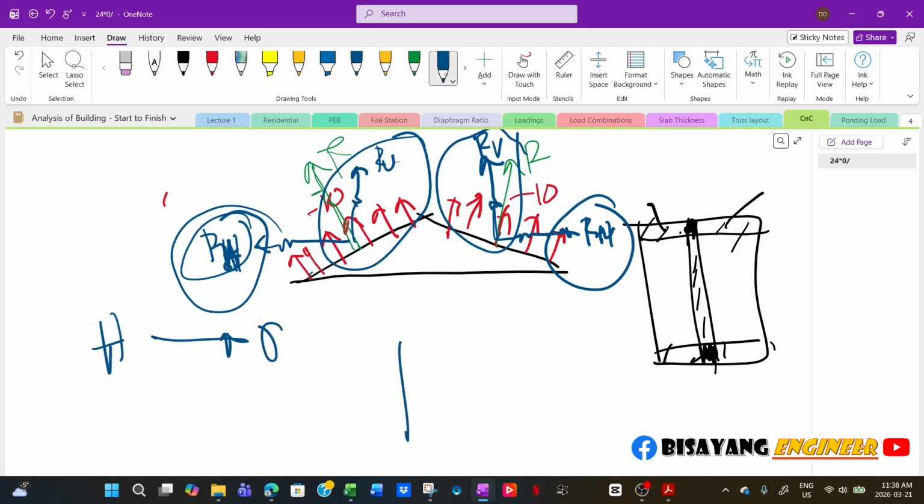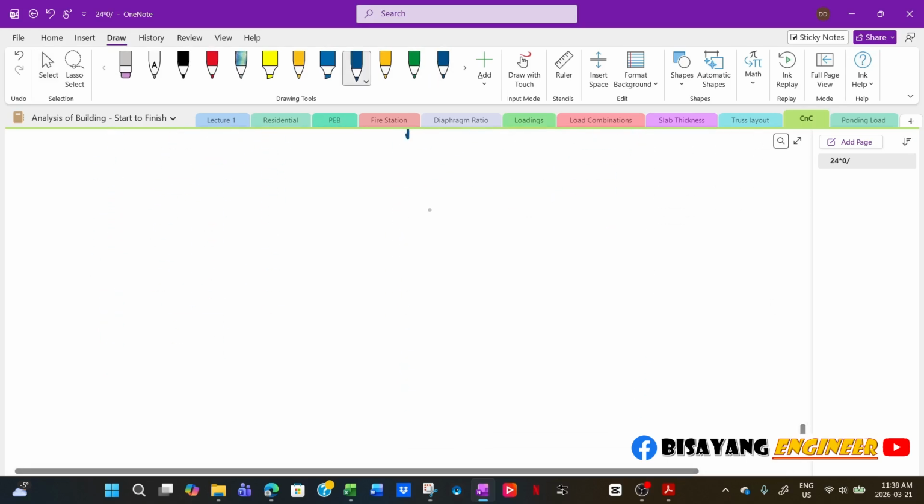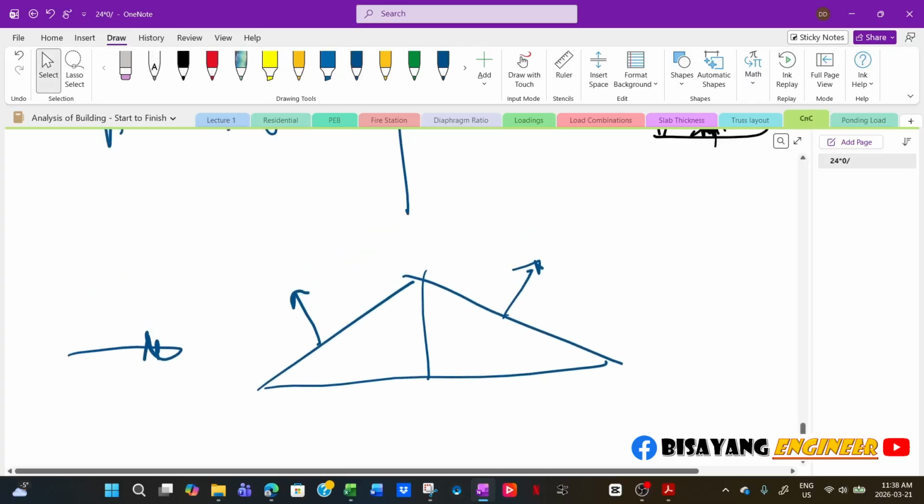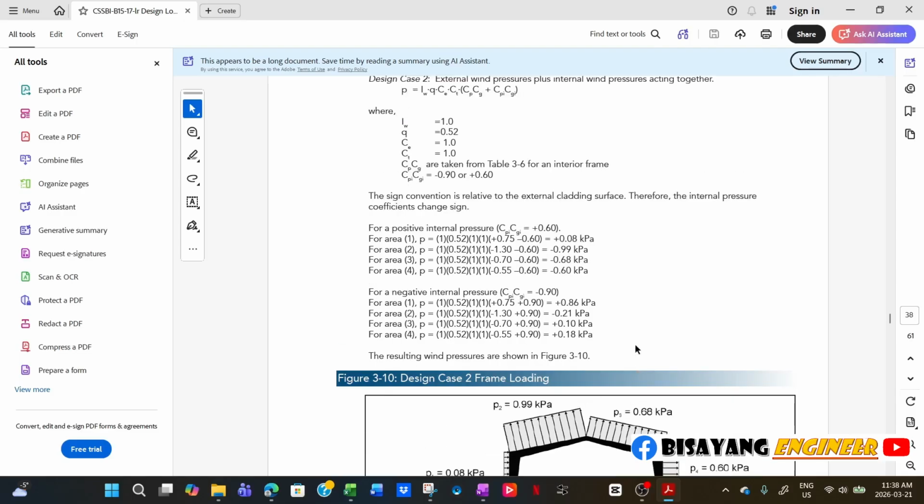But if you are using the MWFRS for your roof, although this is negative and this is also negative, if the wind is in this direction, this is always lesser than this one here. So let us say in the calculation, 1 is 0.99, 2 is 0.68.